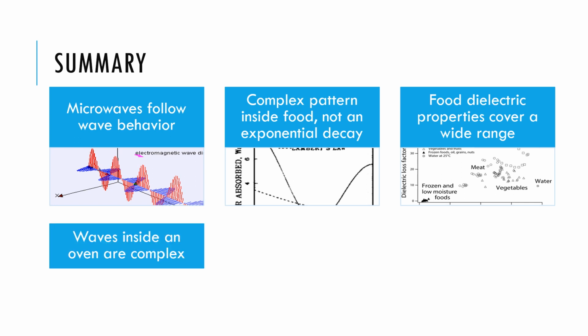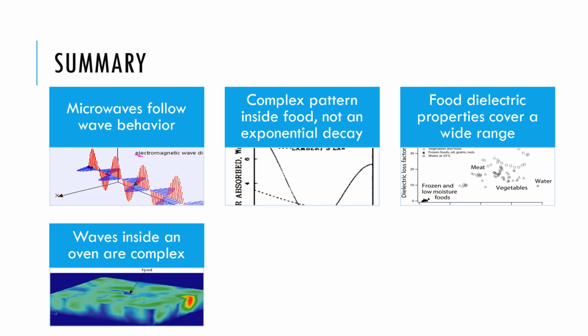Then we talked about waves, this time inside an oven. And for any realistic microwave oven heating of food, the energy absorption is quite complex, and it varies spatially and with time. So inside an oven, the energy field distribution is quite complex because of formation of standing waves inside the oven.